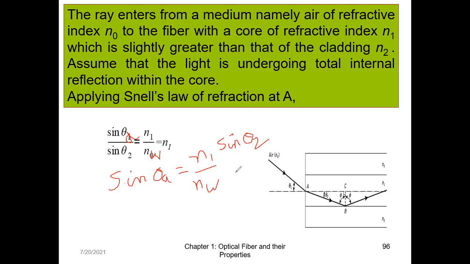What you are telling is NA is equal to sin theta A upon NW. Okay, so what does theta A come to?